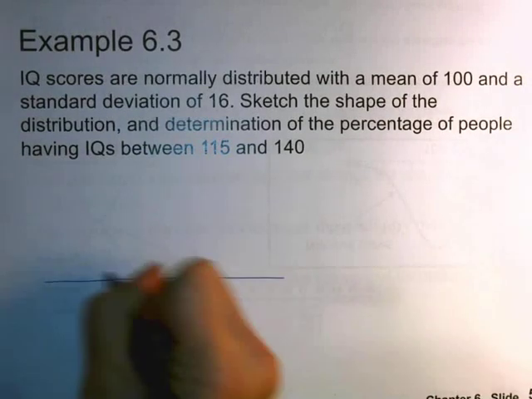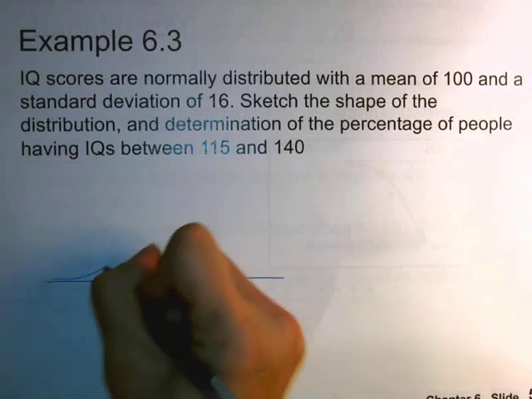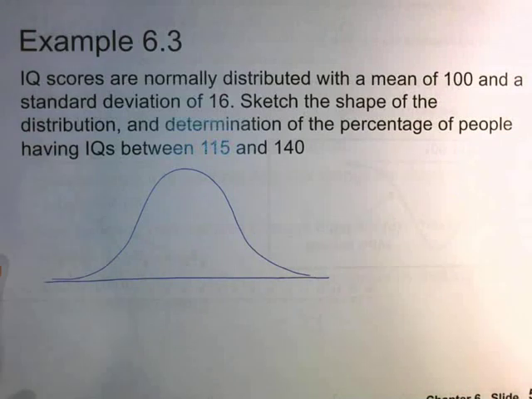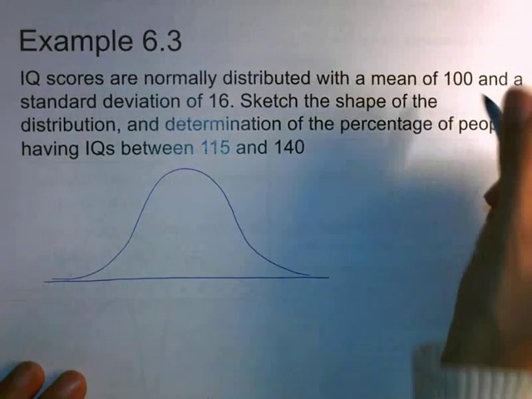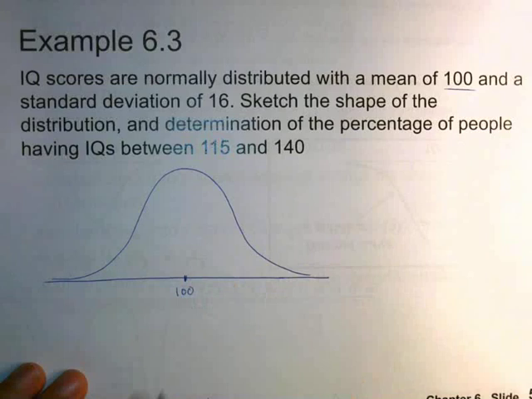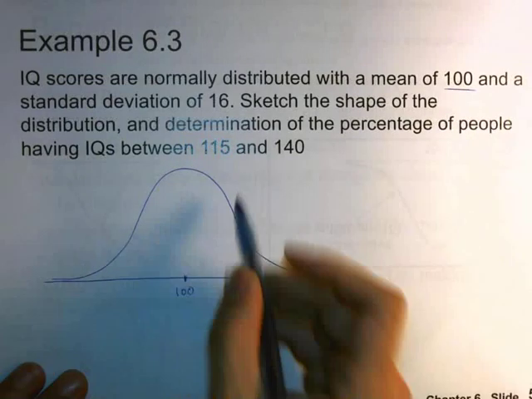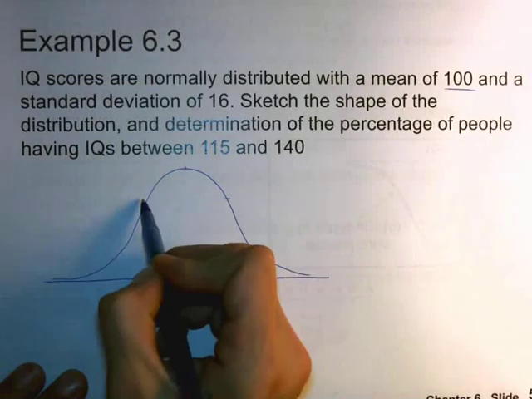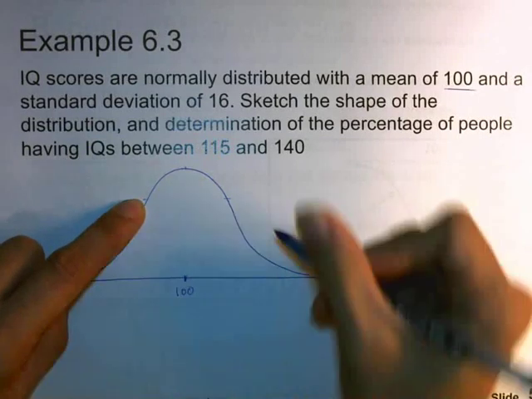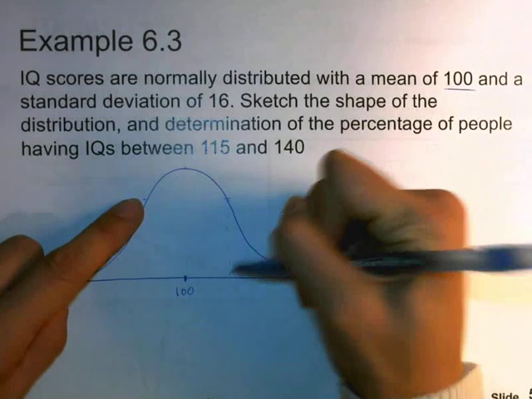So what we're going to do is sketch the shape of the distribution. Here's our distribution. We'll draw a bell-shaped curve to the best that my artwork allows. The mean is 100, so right here is 100.